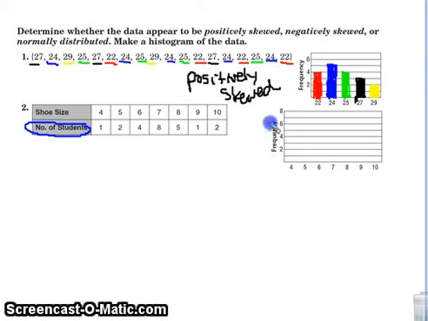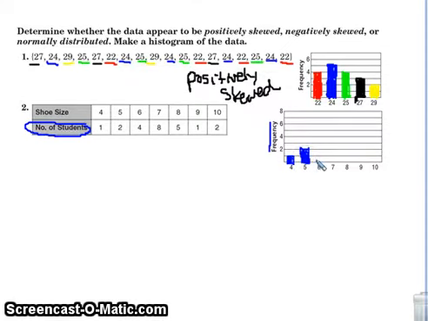This is our frequency. So if our shoe size is 4, how many students have a shoe size of 4? 1. For a shoe size of 5, we have a frequency of 2.